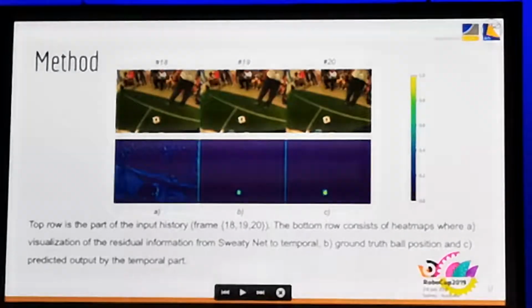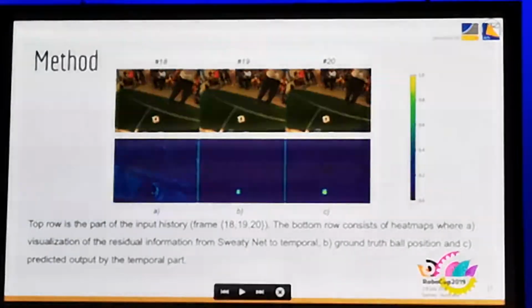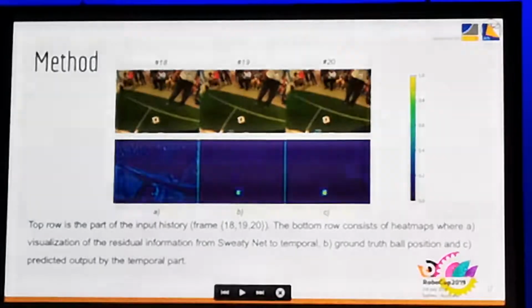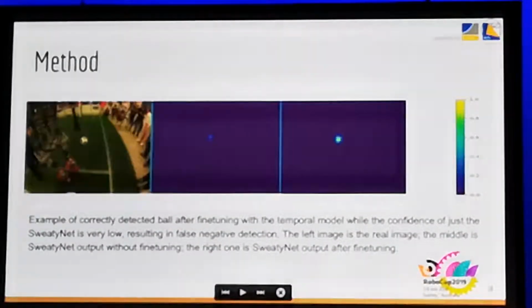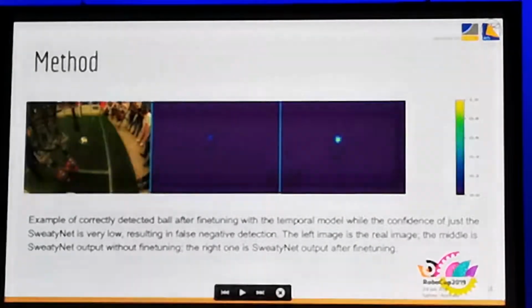So here you can see 3 different images in the history. On the left you can see the residual information, and you can see our ground truth and the output of our network. Here, for example, threading-net doesn't produce a high response, but after using the temporal model, we can produce a high response.